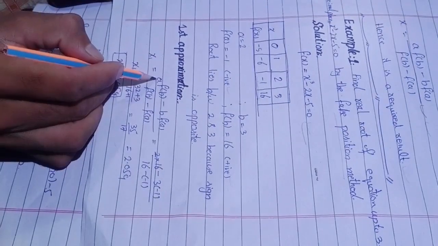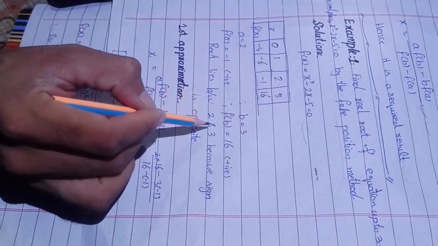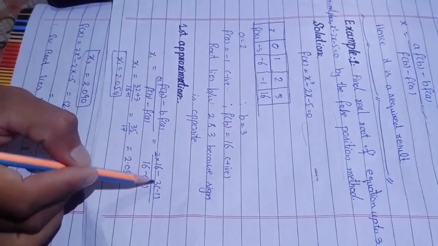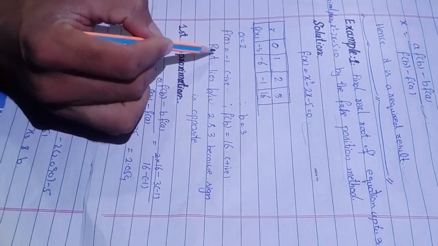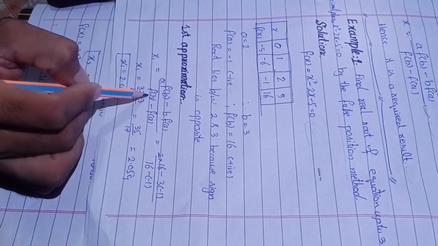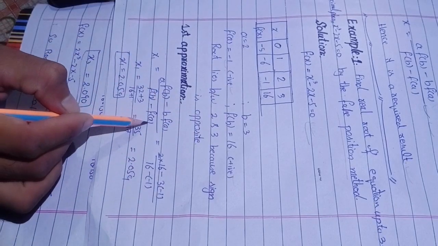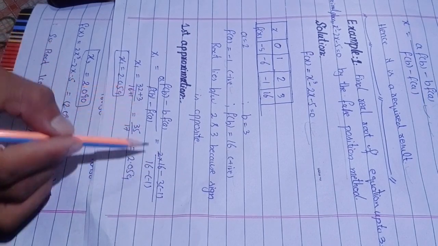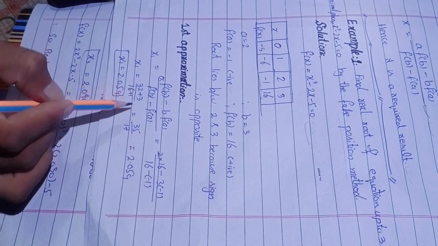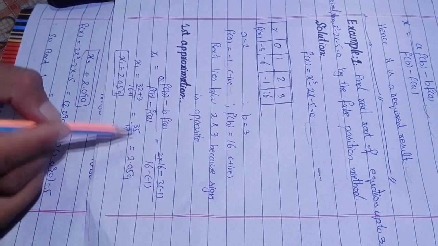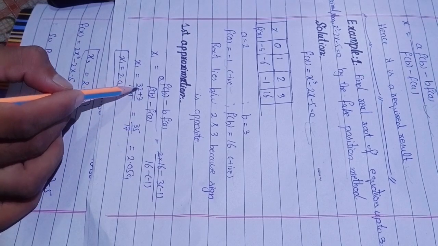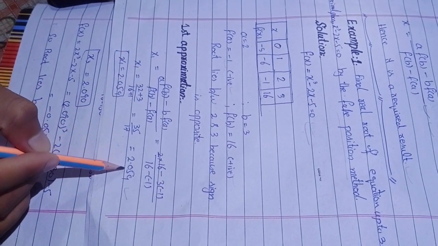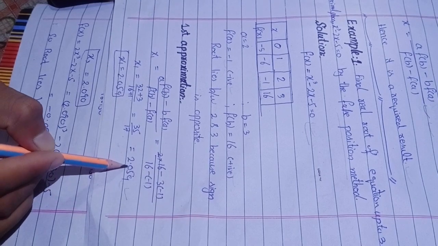Put the value of a is 2 and f of b is 16, minus the value of b is 3 and f of a is minus 1, and f of b is 16 minus the value of f of a, minus 1. 2 multiplied by 16 is 32, minus minus plus 3 multiplied by 1 is 3, over 16 plus 1. 32 plus 3 is 35 over 17, and divided, the final answer is 2.059 up to 3 decimal places.